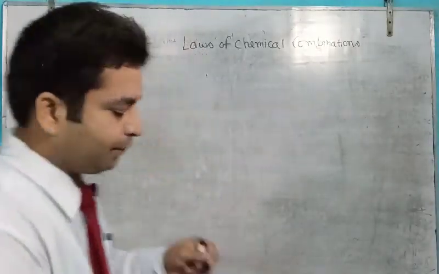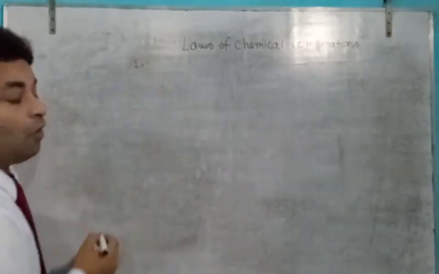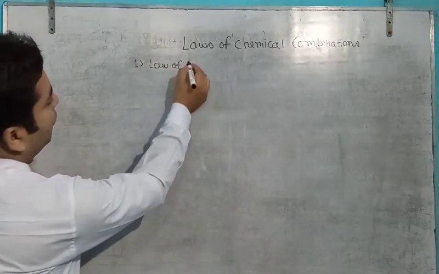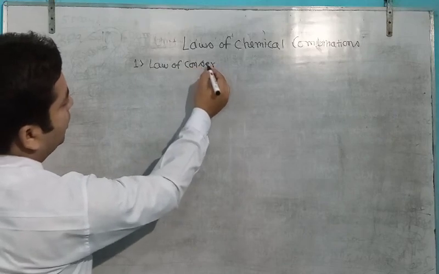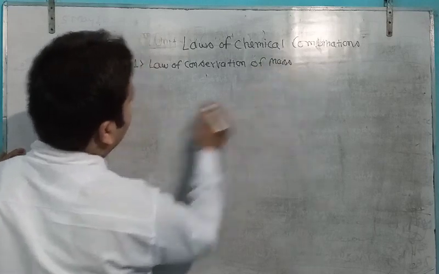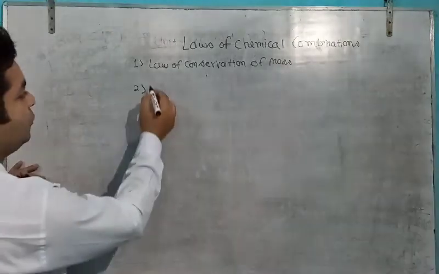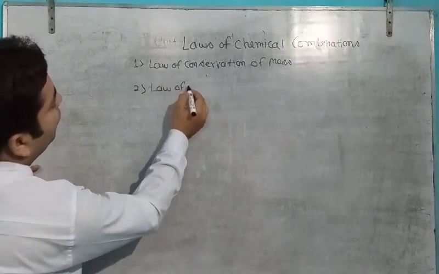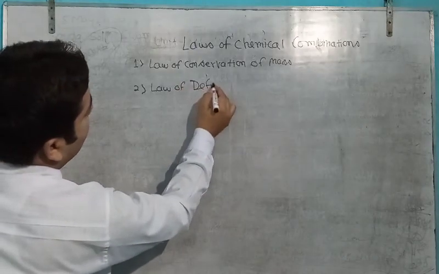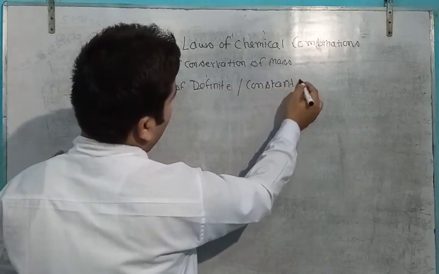What are the rules? First rule, law of conservation of mass. Second rule is law of definite or constant proportions.